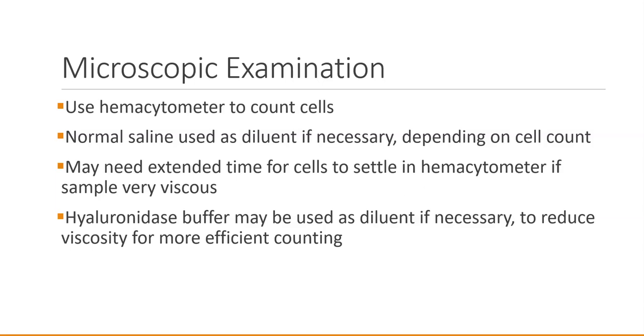So this takes experience. But if you look and they're not settled, then you need to set the timer for a little bit more time. Hyaluronidase buffer may be used as a diluent if necessary to reduce viscosity for more efficient counting. So again, if you dilute the sample with hyaluronidase, the cell count must be multiplied by the dilution factor.